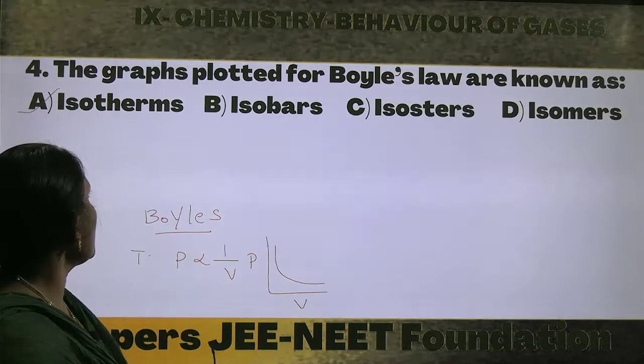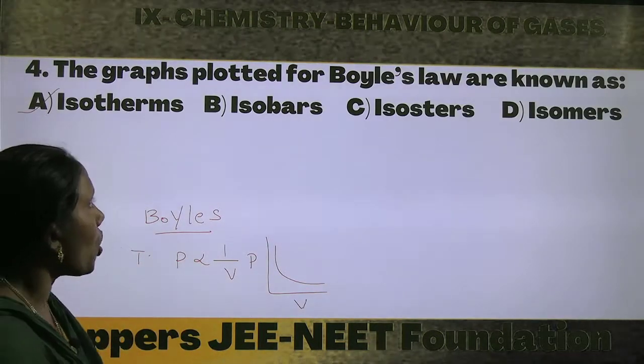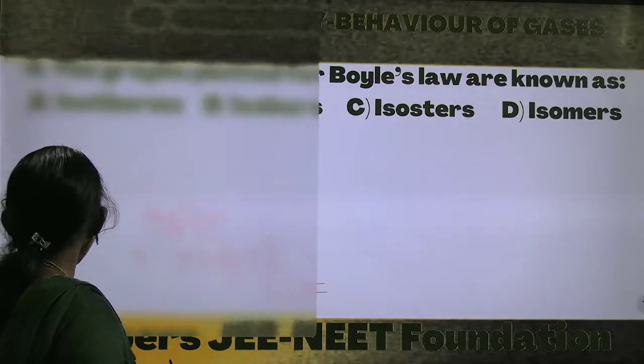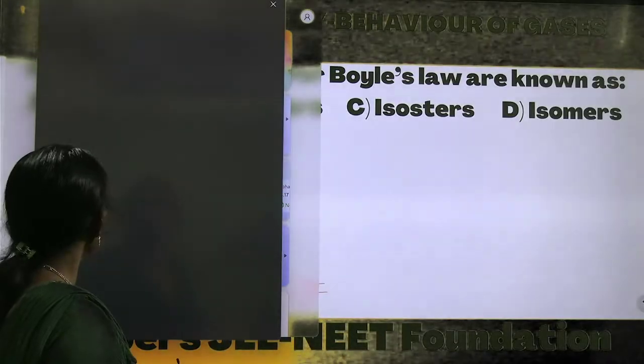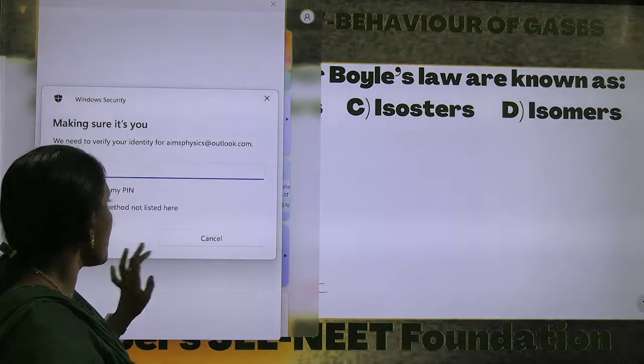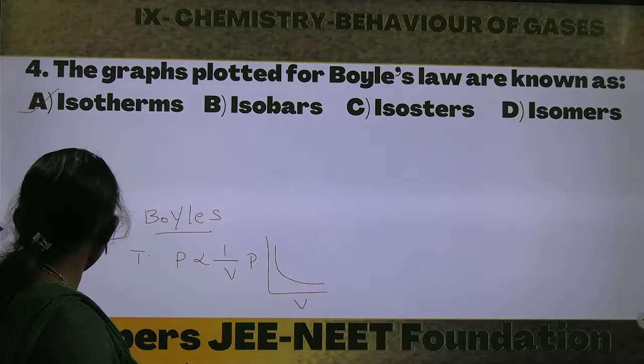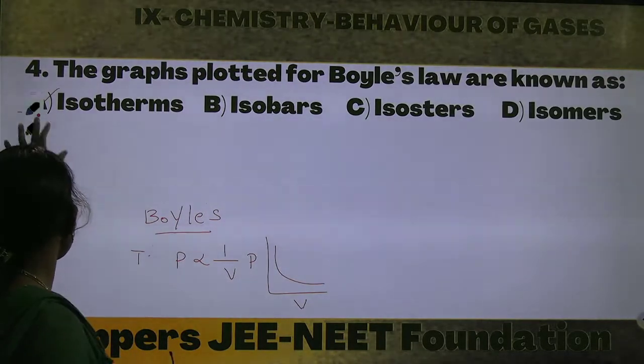The first question is, the graphs plotted for Boyle's law are known as. See, the graphs plotted for Boyle's law are known as isotherms. Why are we calling them isotherms?